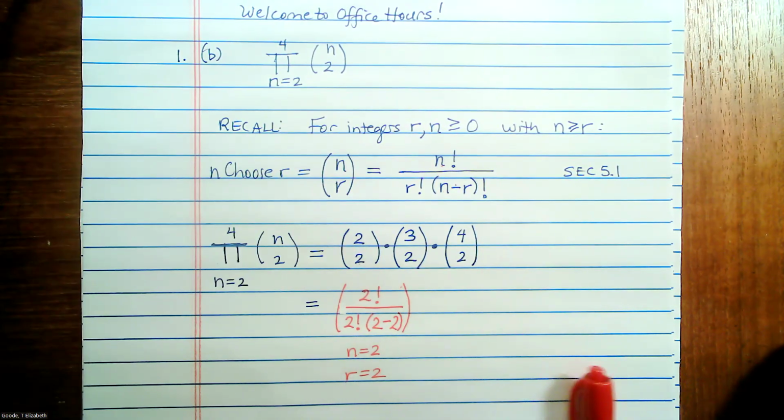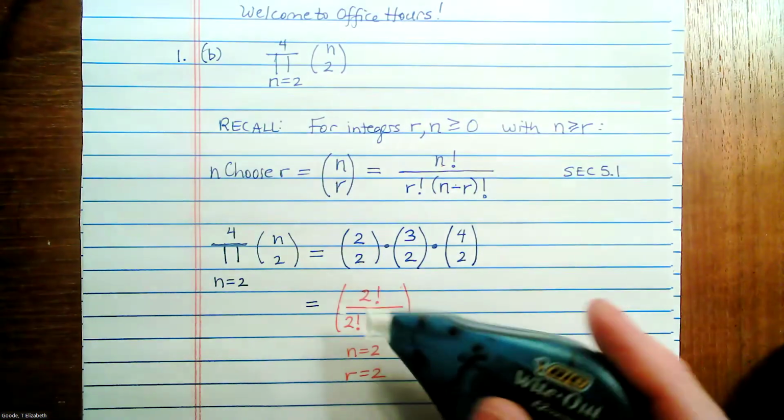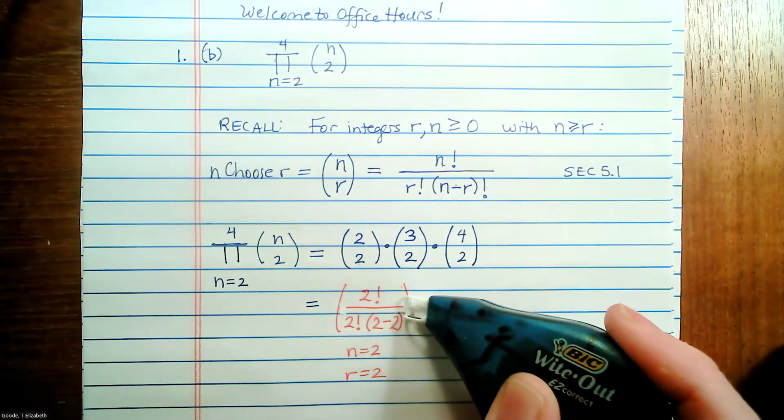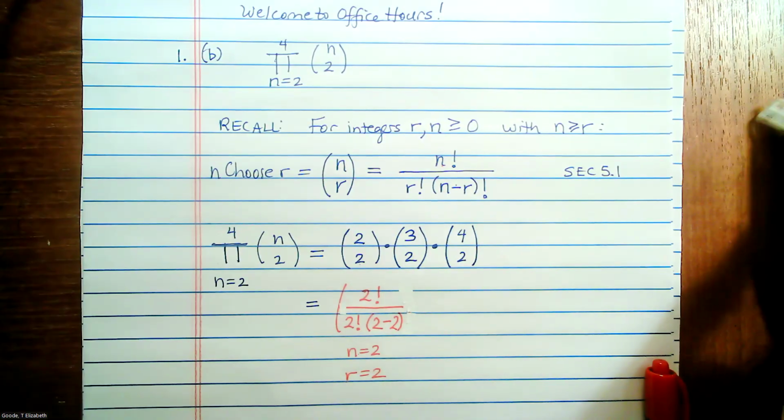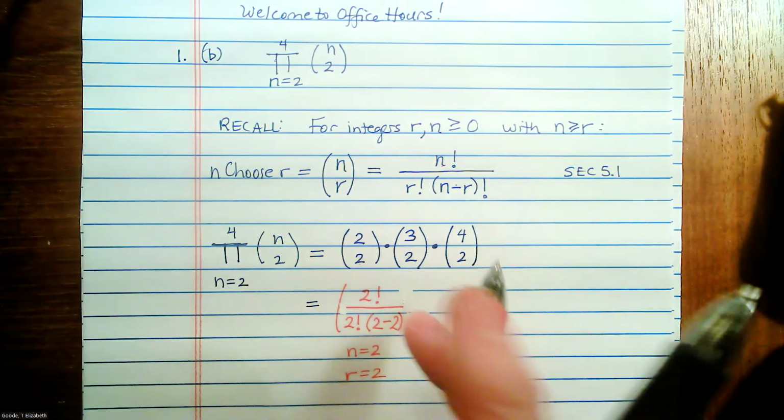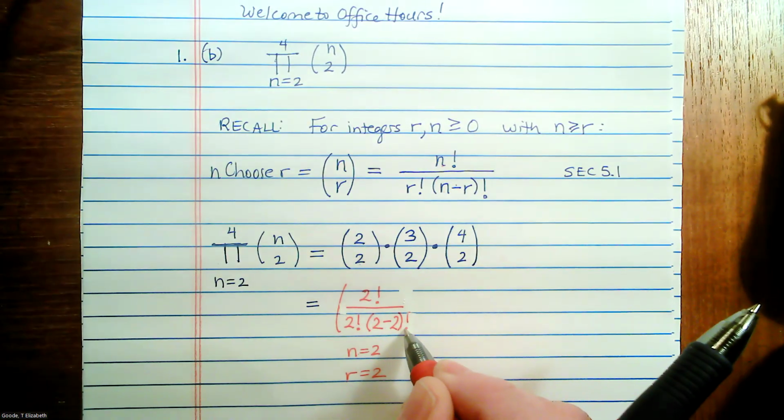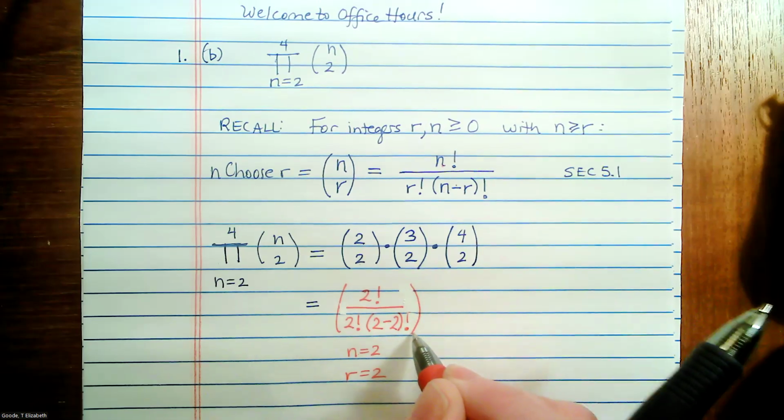That quantity factorialized. What is 2 minus 2 anyhow? Zero. Do you remember what 0 factorial is?